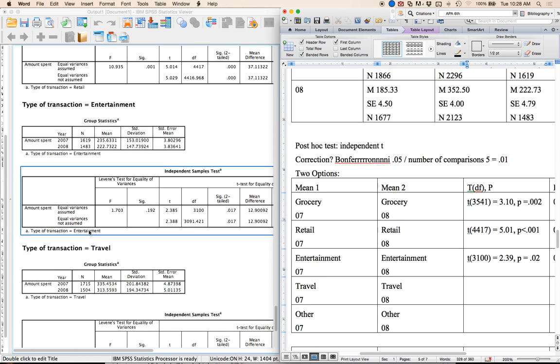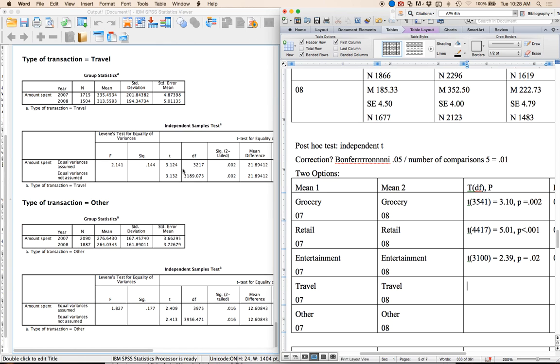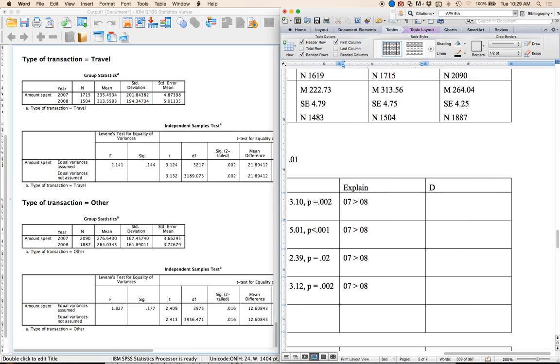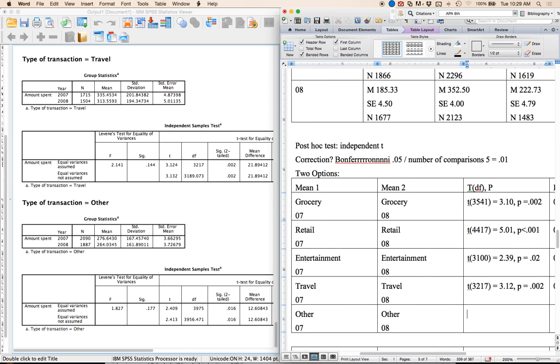Okay. Down here under travel, we've got t(3217) is 3.12. My p value is 0.002 again. If I look up here at the means, again, 07 is greater than 08, sensing a theme here, but you've already seen the plot, so you knew this was going to happen.